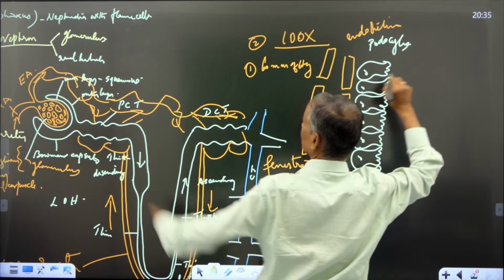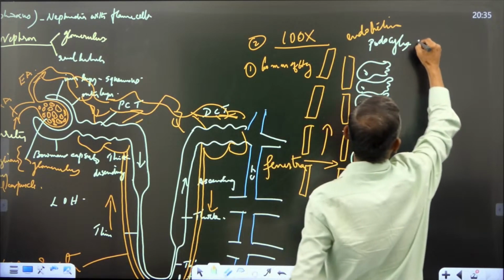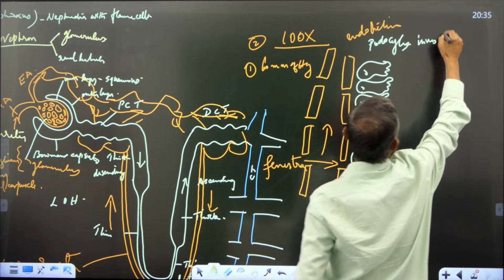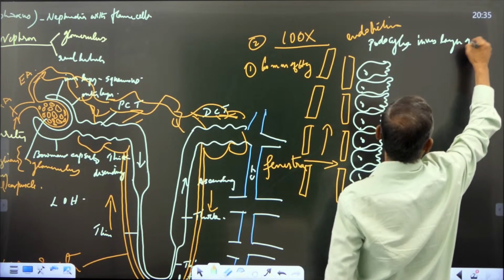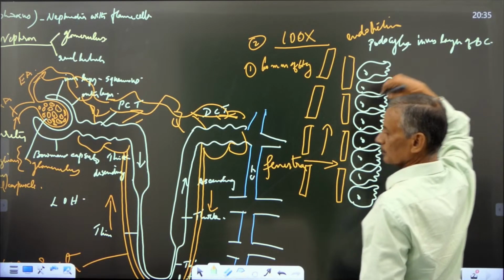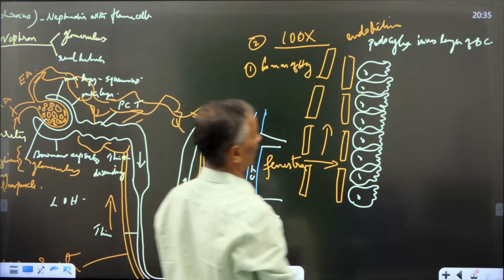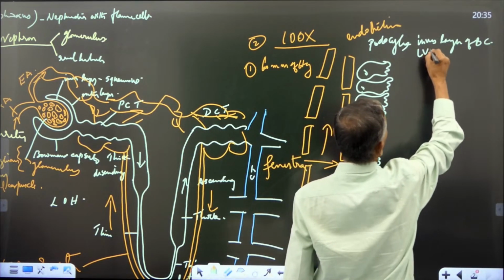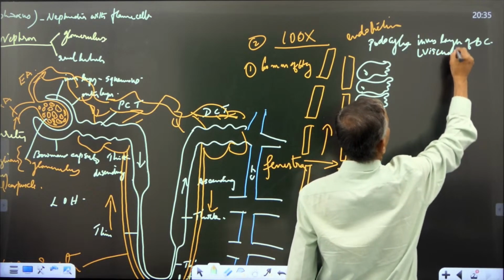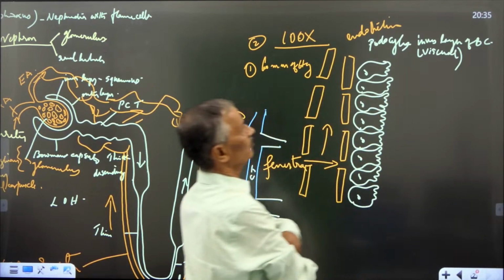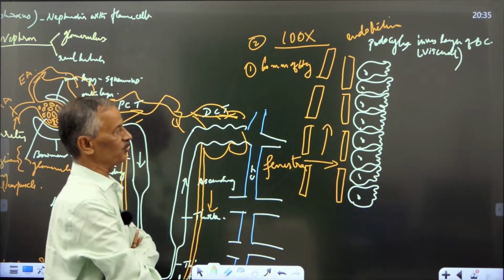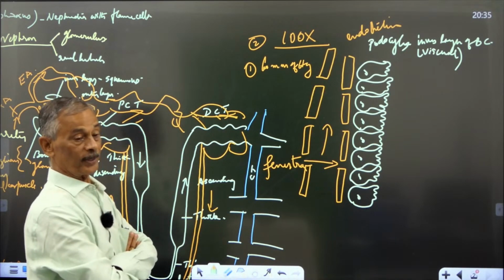Podocytes are present in the inner layer of Bowman's capsule. That inner layer is also called the visceral layer of Bowman's capsule. What is the peculiarity?